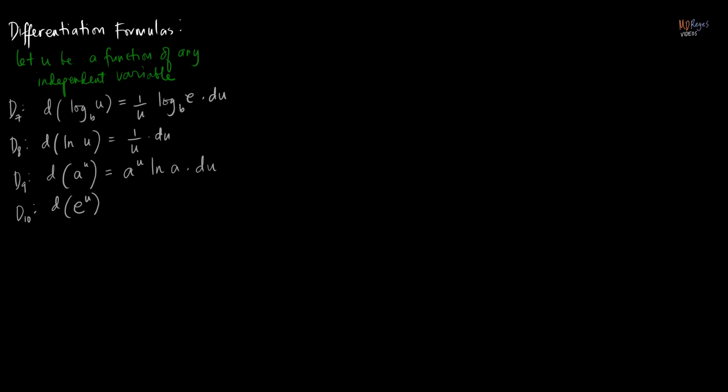Based on d9 also, in d9 it's a to the u ln of a, but a in d10 is e, and ln of e is just 1, so it's just e to the u du.